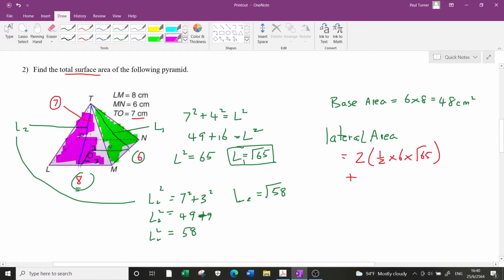So this face here would be 2 times a half times the base, which is 8, times the height of the triangle, L2, which is root 58.